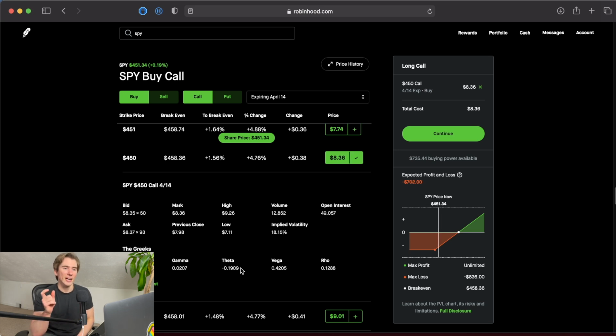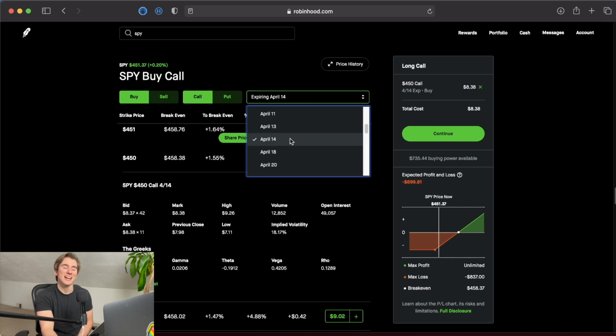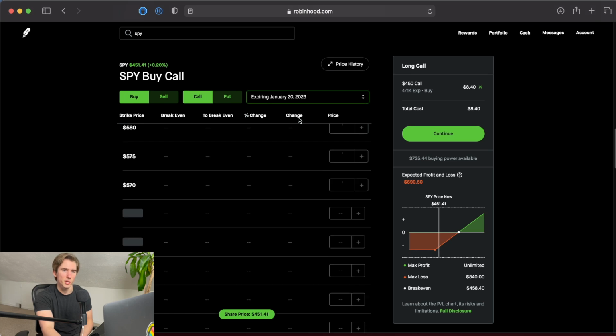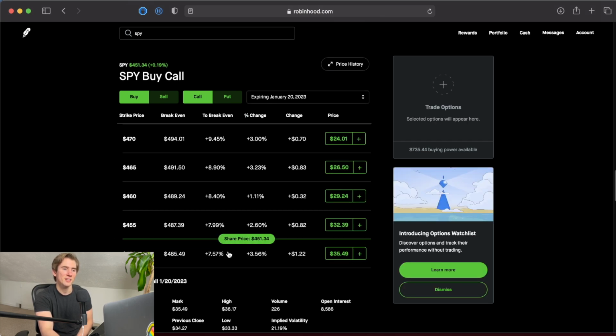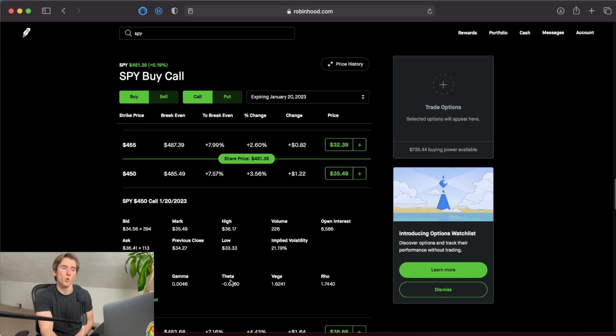And the shorter your expiration date, the higher your theta value is going to be. So this one has a 19 theta value, but if we extended our expiration date to January 2023 and went with the same $450 strike price, the theta for this option is only 5.8. But this option also costs $3,543 in order to open it. So you can see how the expiration date affects the pricing for the option here.